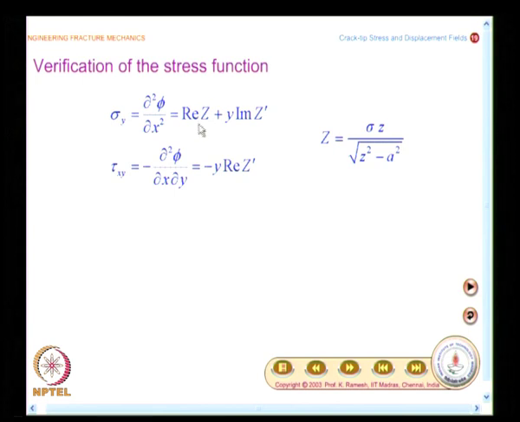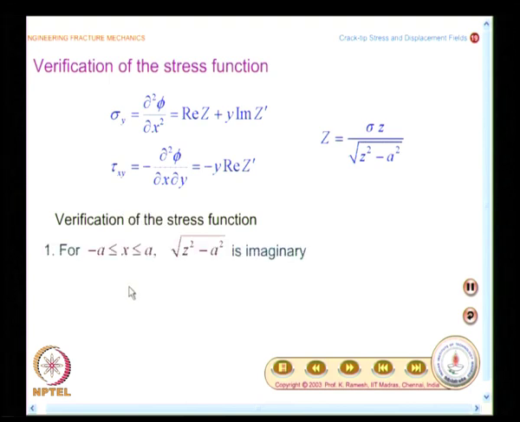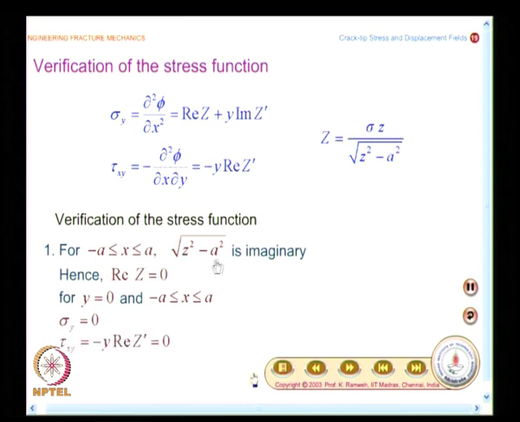If I am able to show that you will have only imaginary part of Z, then my job is done, and that is indeed so, because on the crack face x is between minus a to plus a. And when you look at this expression, root of z squared minus a squared, this is imaginary.